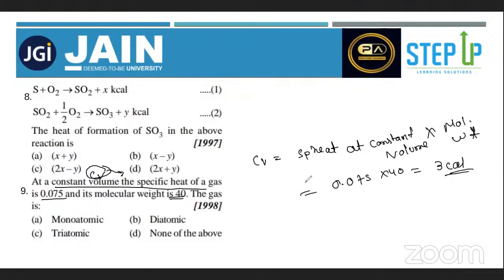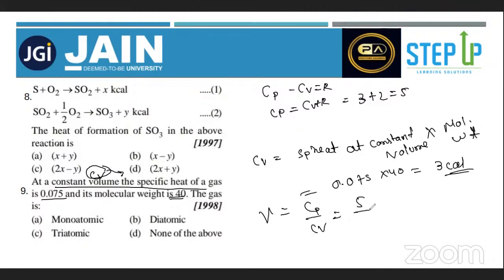Now, again, I can use Mayer's equation. Using Mayer's equation, what I know is Cp minus Cv is equal to R. So to find out the Cp value, I can do Cv plus R. R being 2 calories, 3 plus 2 will become 5. Now I can find out gamma. Gamma is the ratio of Cp to Cv.